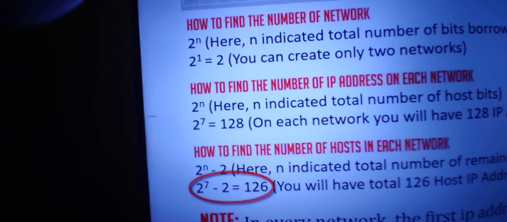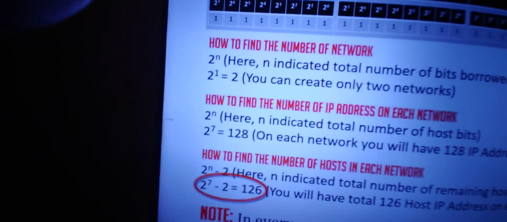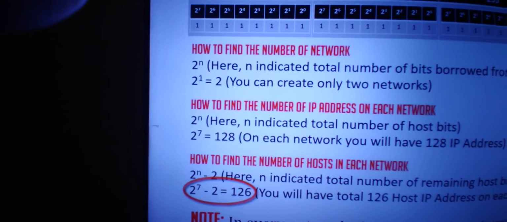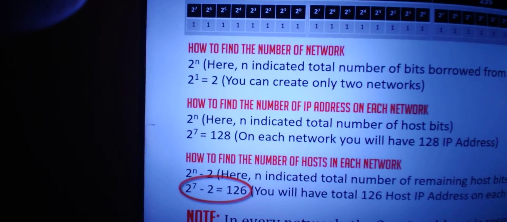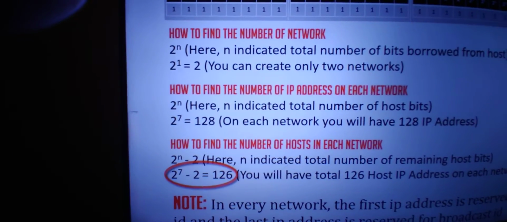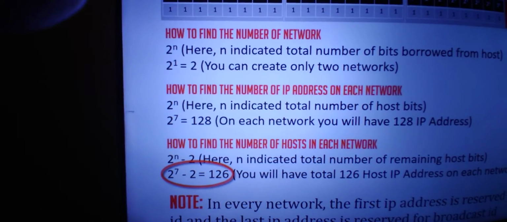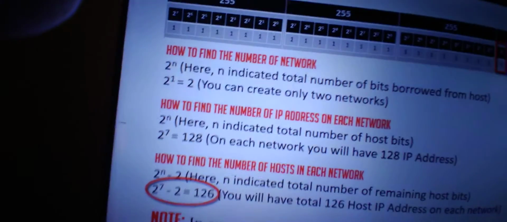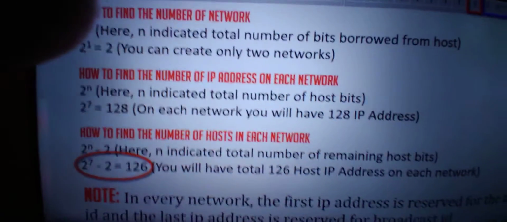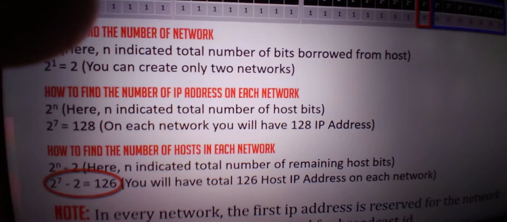How to find the number of IP addresses on each network? 2^n here, where n indicates the total number of host bits, is 2 to the power of 7, which is what I just stated. On each network, you will have 128 IP addresses.